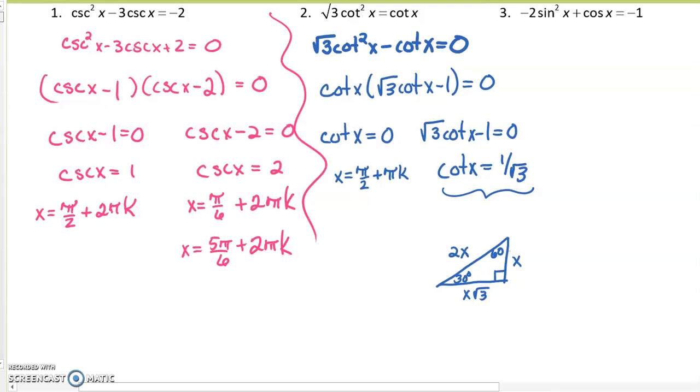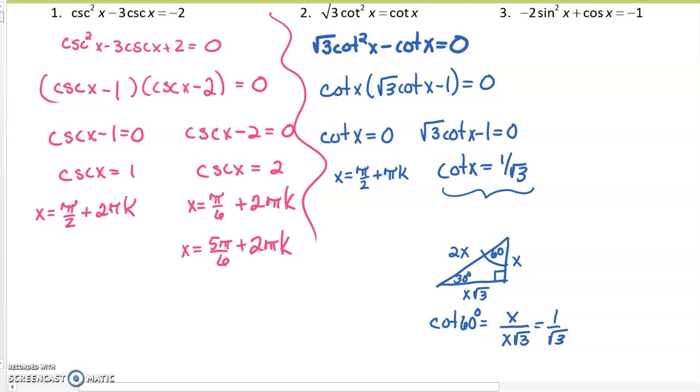And essentially, to get 1 over root 3, I'm going to need to think about x over x root 3. Cotangent is the side adjacent over the side opposite. So cotangent of 60 degrees, for example, equals x over x root 3. And that helps me there.